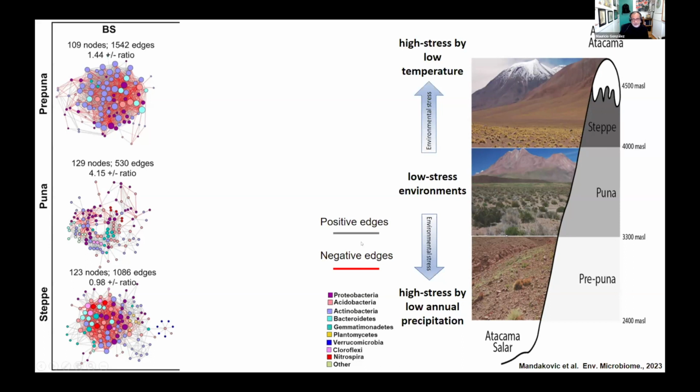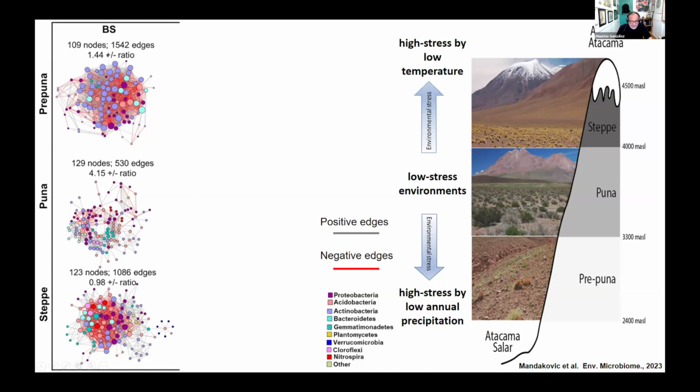The edges represent positive edges in gray or negative edges in red, that represent a correlation of the abundance in a positive or negative direction. The node size finally corresponds to the level of degree of each node in the network.